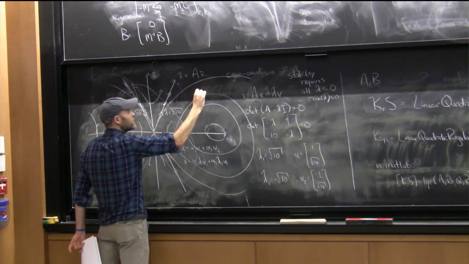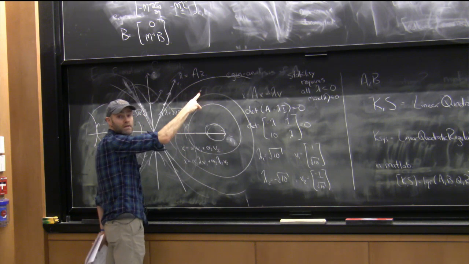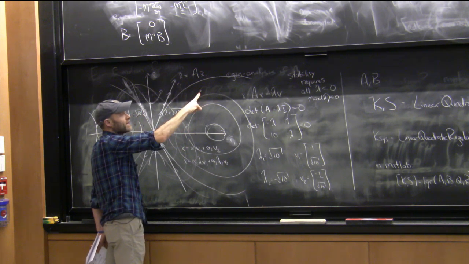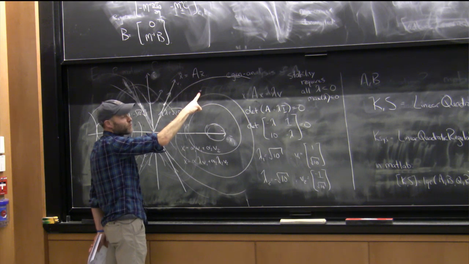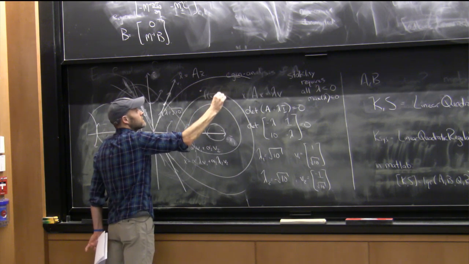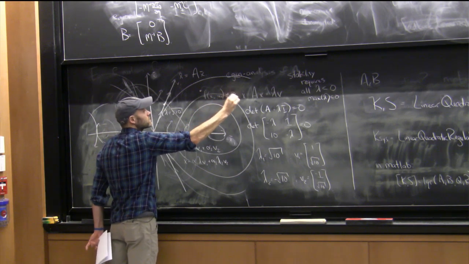What happens if I try to linearize about here, though? Can I linearize around that point? The thing I said before was no, because f of x0 u0 here does not equal 0.